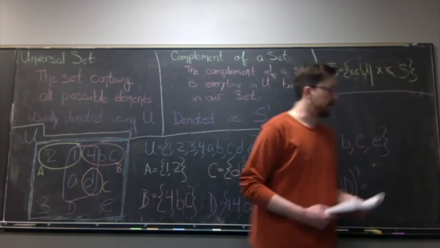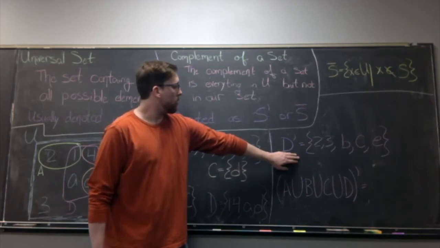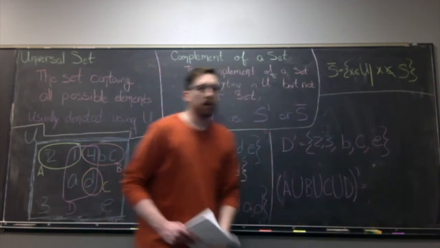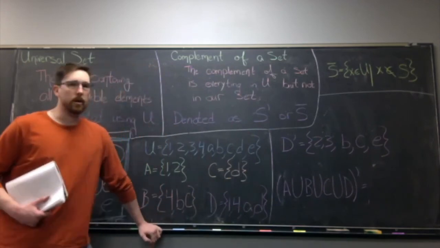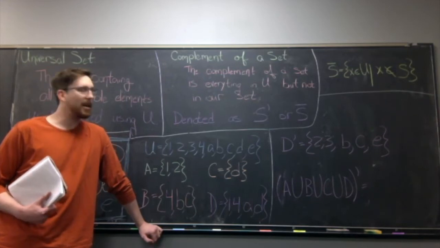Well, it looks like this. The complement of D is equal to the set with elements 2, 3, B, C, and E.